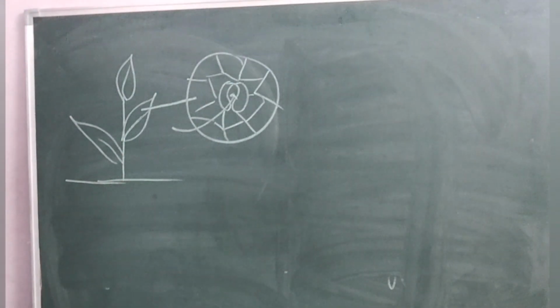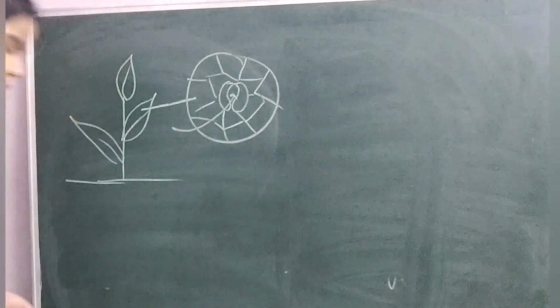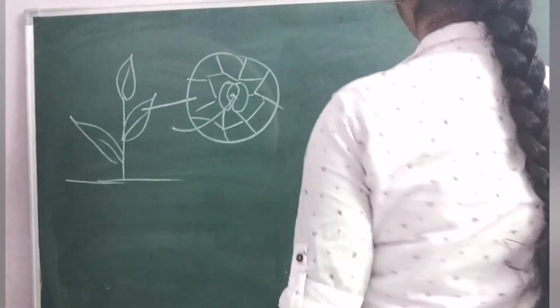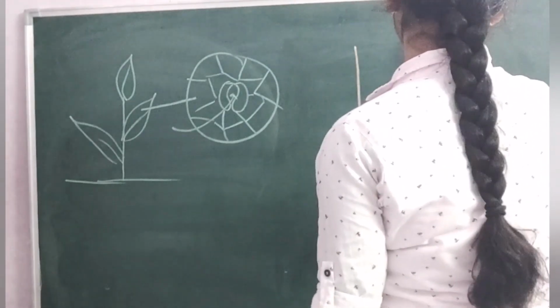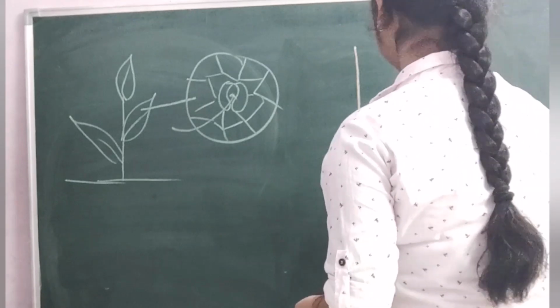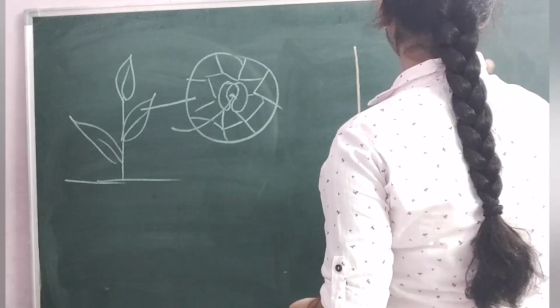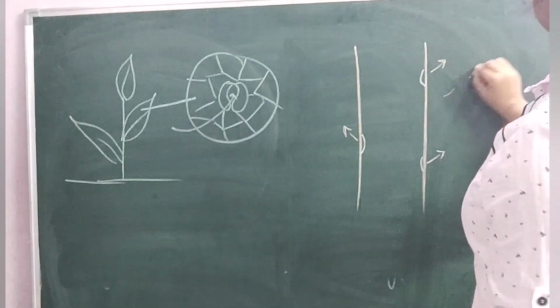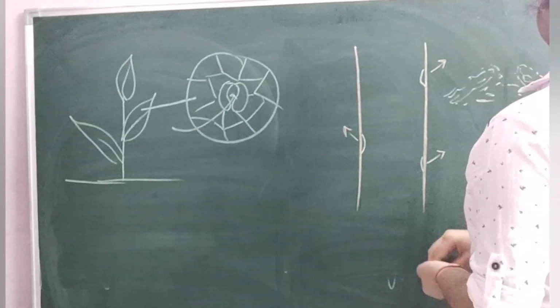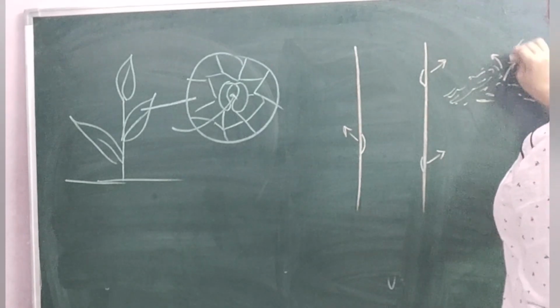Now this is about the plants. What happens with the trees? Trees have bark, where you'd see there are tiny openings on the bark, and they are the lenticels, and through this the exchange of gases takes place. The structure is somewhat like this. This is a kind of movement of air, even it comes.